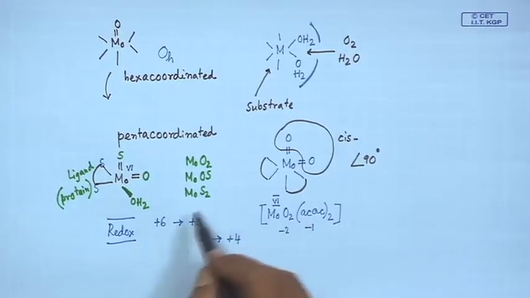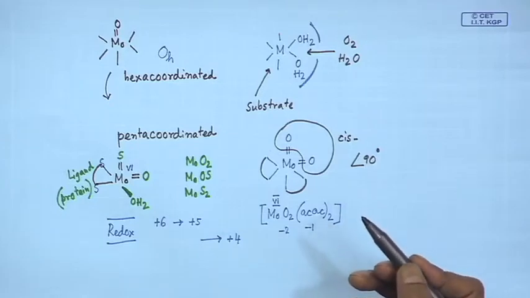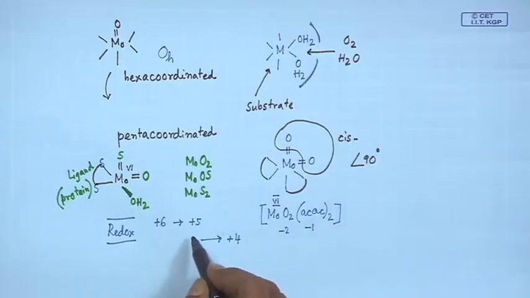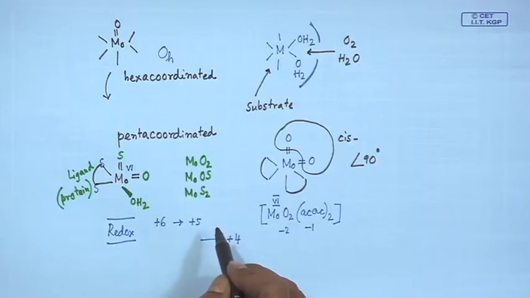We can generate species with different reactivity patterns, either catalytically more reactive or less reactive, but due to electron transfer we should be able to produce this molybdenum-based center in different oxidation states.